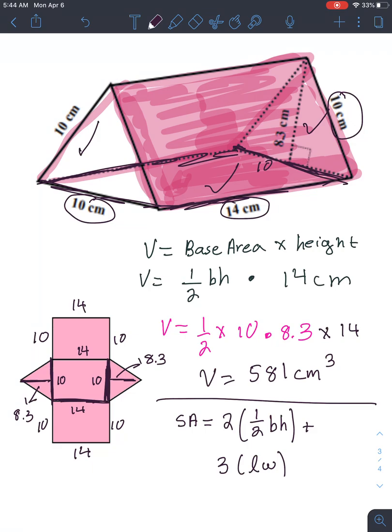It depends how your shape is being broken up. But in this case, we had 3 congruent rectangles and 2 triangles. So we will get 1/2 times 8.3 times 10, all this multiplying 2, plus 3 times 10 times 14.